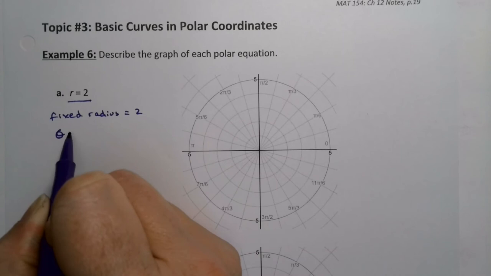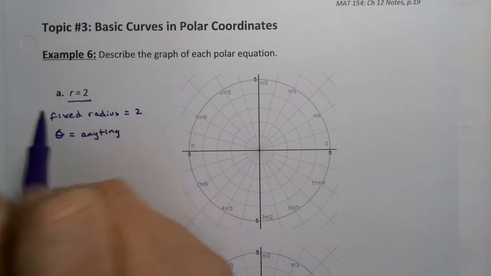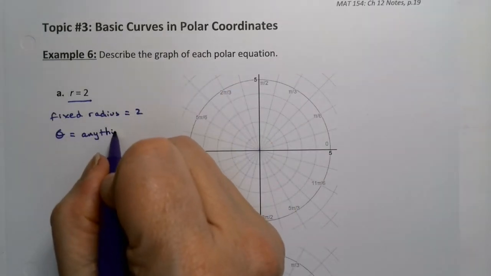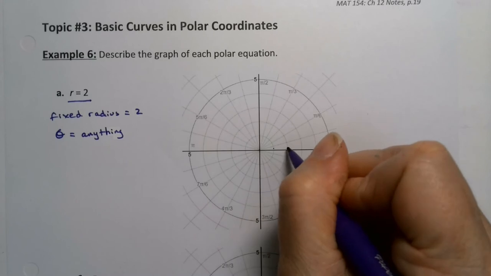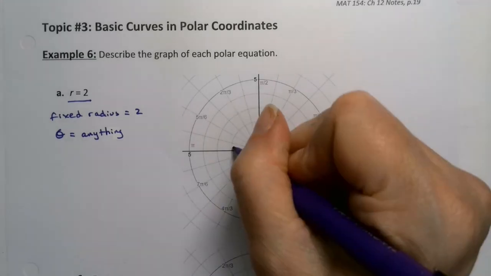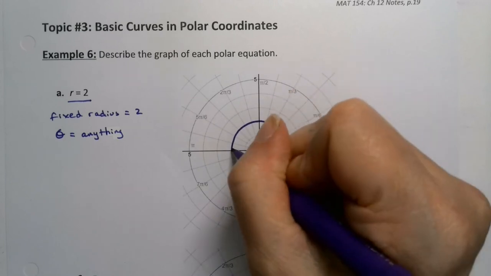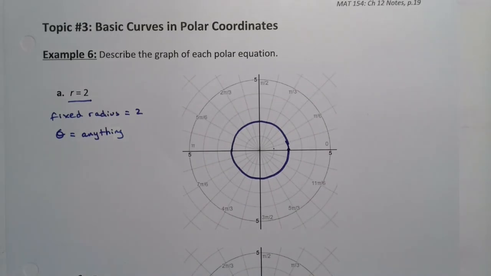and that theta could be anything because there's no theta in the problem. Well, okay, I go out to 1, 2, there's 2, and I let theta be anything, means I am talking about a circle.